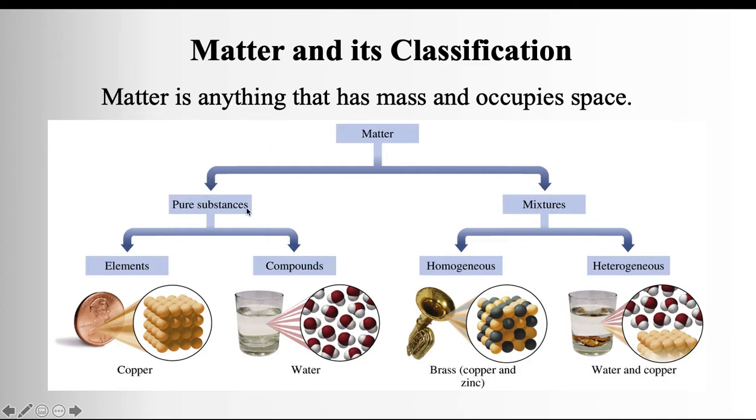These in turn are divided into two groups apiece. Pure substances can be divided into elements, and we find these in the periodic table, or they can be divided into compounds that are not mixed with anything else. So compounds that are pure only contain that one particular type of compound.